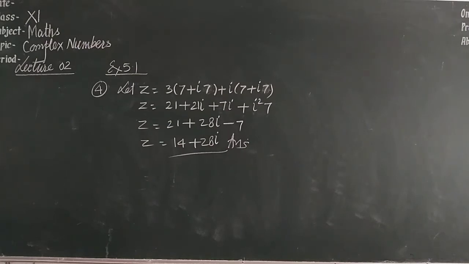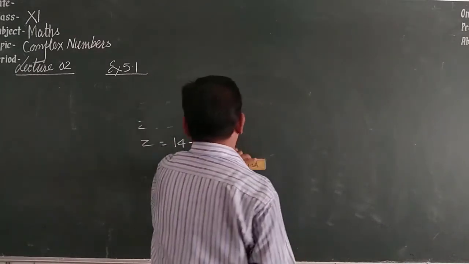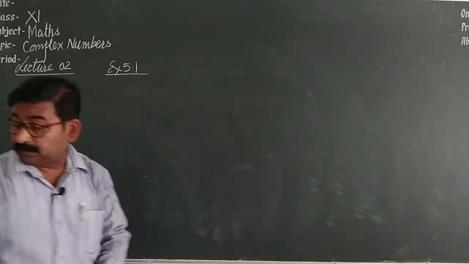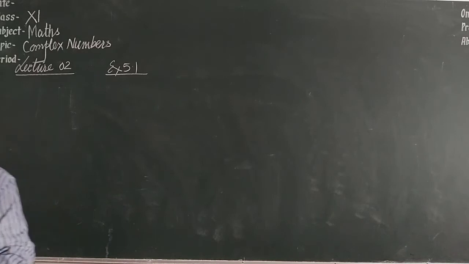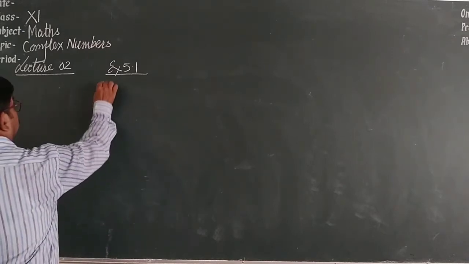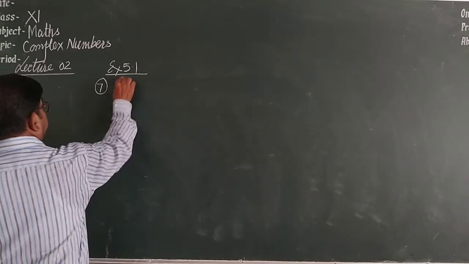I am solving question number 7 and question number 5. Question number 6 you will try yourself. See, I am solving question number 7. The seventh question is given like this.